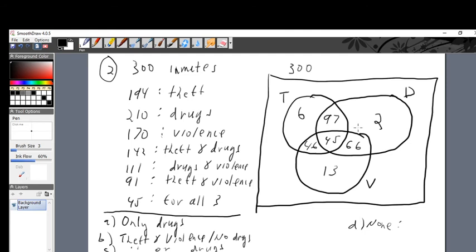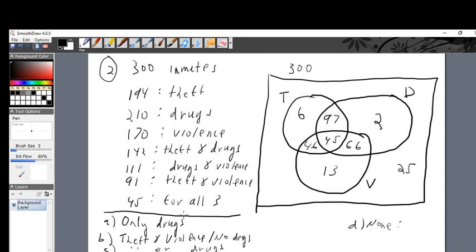Now, does all this equal 300? Count all these up, and you'll see that it's not equal to 300. It's going to turn out to be a total of 275 when you count it out, and therefore 25 will be left outside all the boxes.